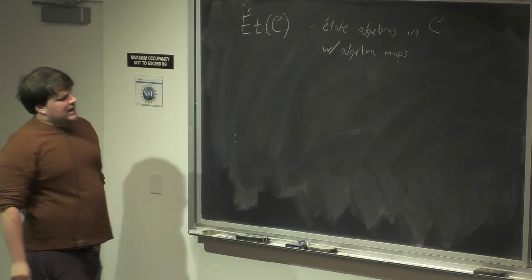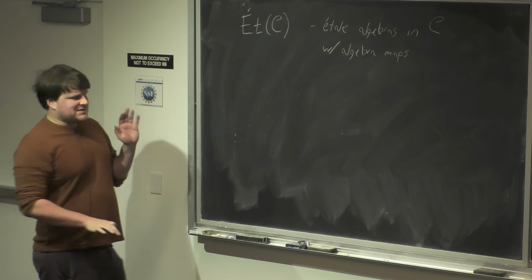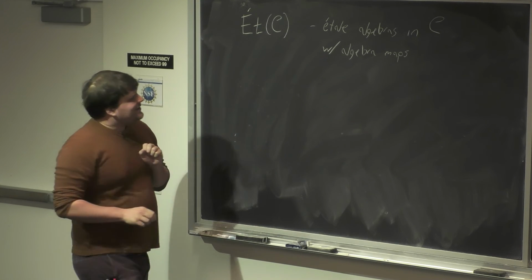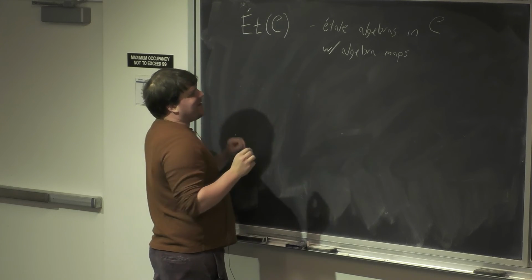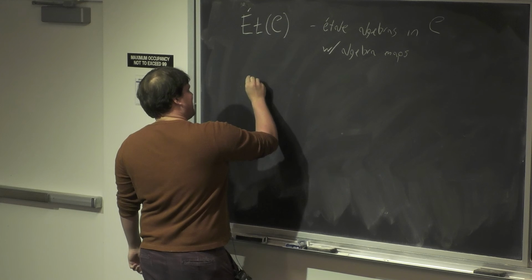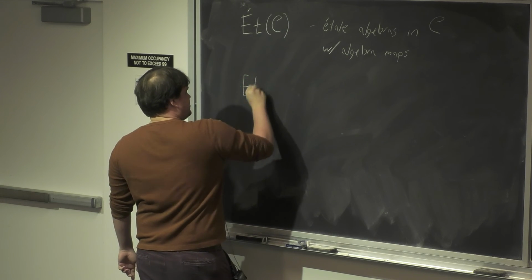Okay, so not every G-linear map between étale algebras is an algebra map, but some of them are. And in fact, what we actually want is then the opposite of this. So I just won't even introduce new notation for it.